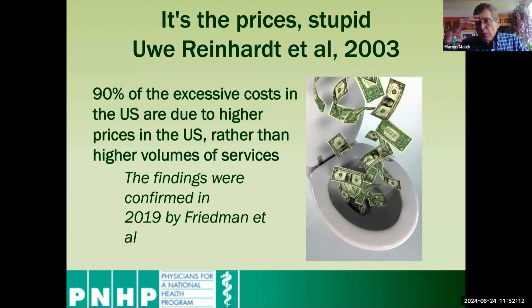So does this finding suggest that you should go after costs or prices rather than the number of procedures you're doing? In other words, this is beginning to get empiric and proven.